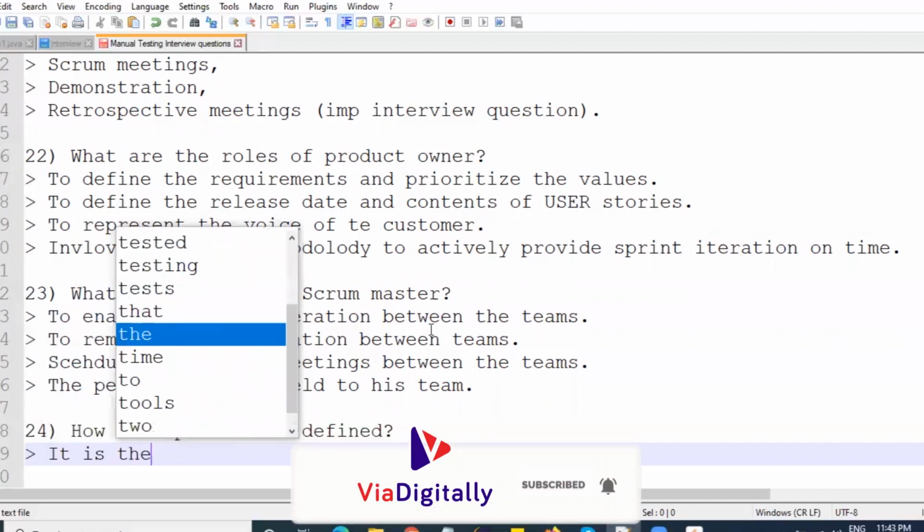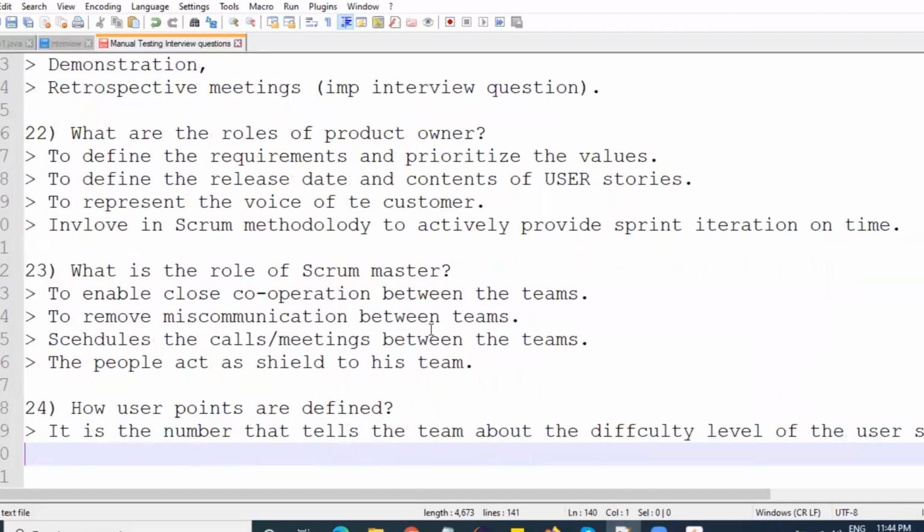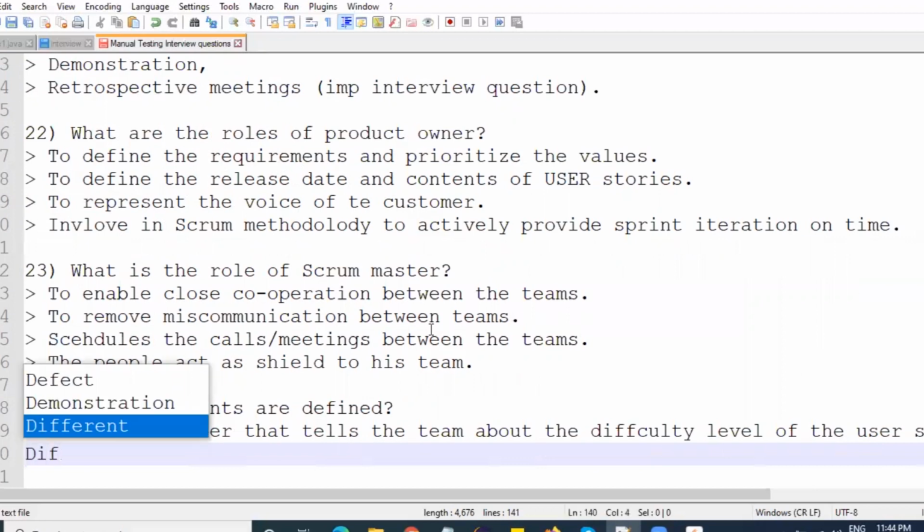So it is the number that tells the team about the difficulty level of the user story.